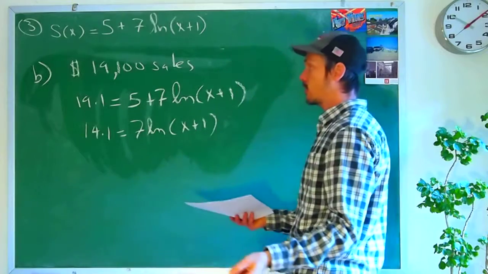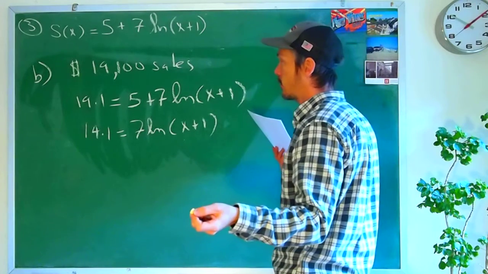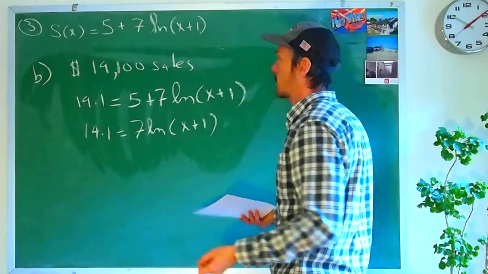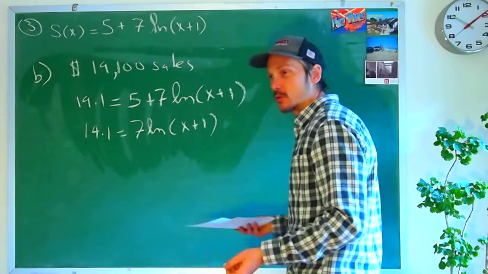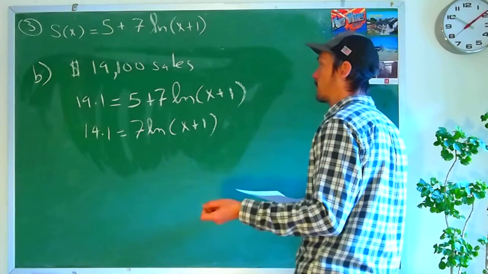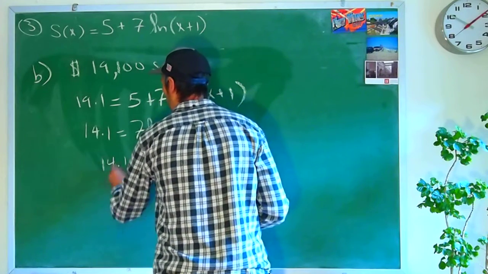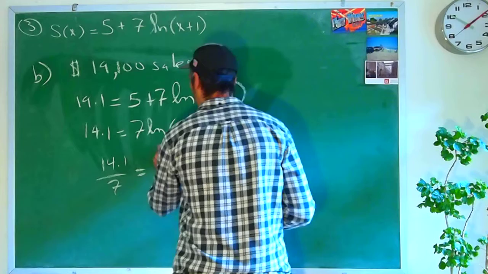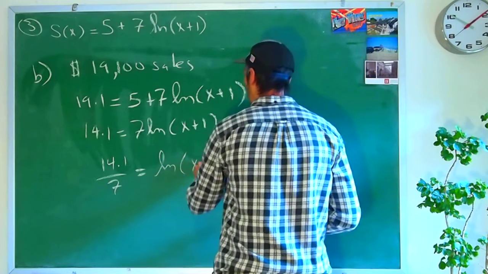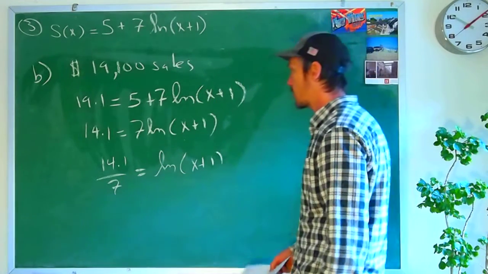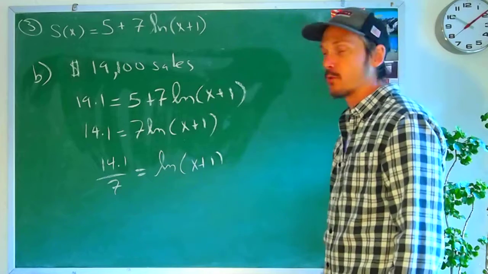This is now a logarithmic equation. So to solve a log equation for the variable x, we isolate the log, convert it to an exponential equation, and then find x. Okay. So I'll divide by 7. And you could go ahead and put this in the calculator. I'm going to leave it just as is for the moment.